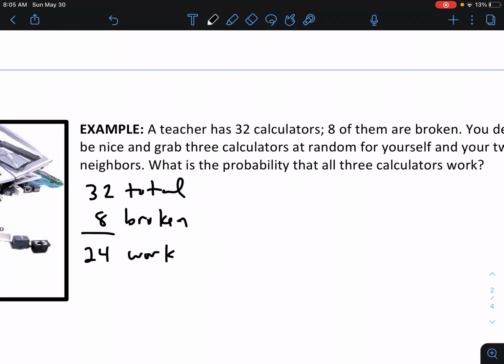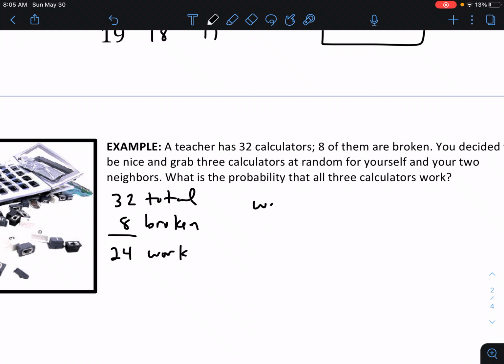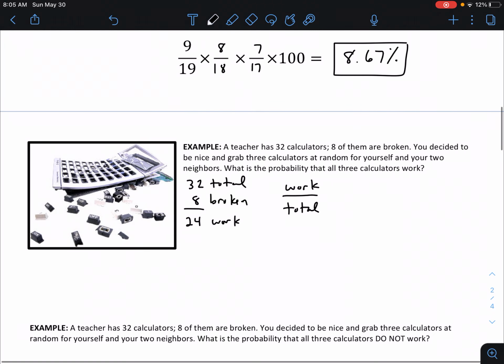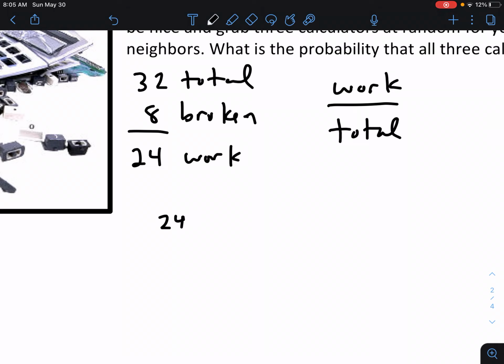Okay, so that's kind of one thing that we're going to have to do, is sometimes figure out the quantity of different things. And so we're grabbing 3 calculators. We want to know that all 3 of them work, right? So we're going to say work over total. Work over total means that we have 24 out of 32, and we're going to do this 3 times, right?